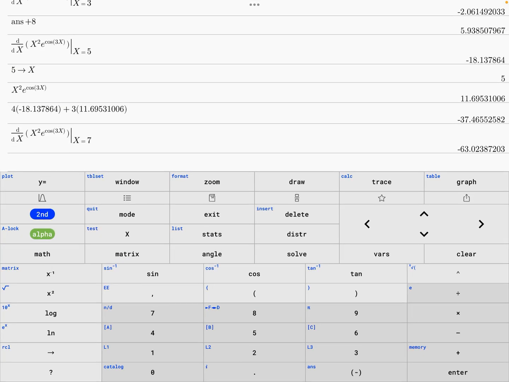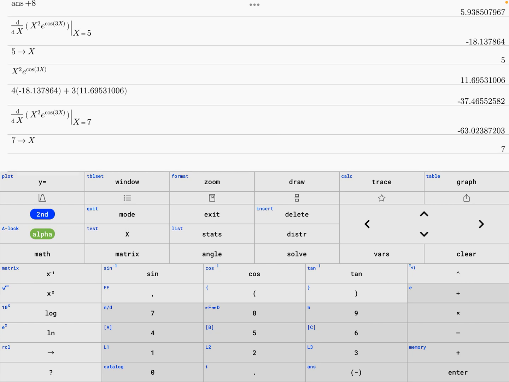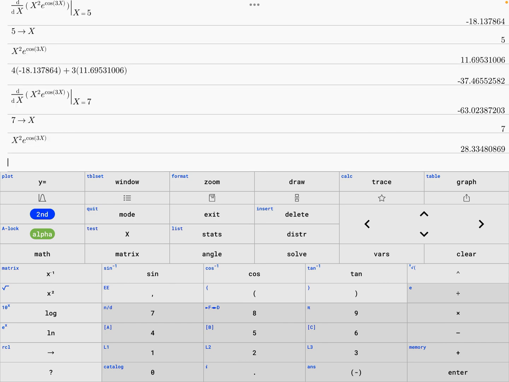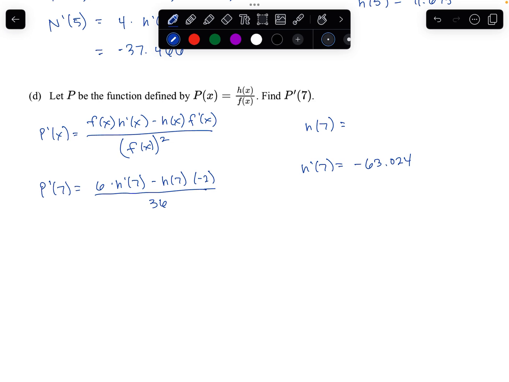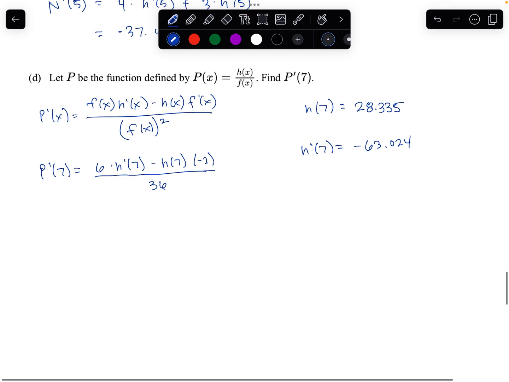I'm going to do 7 store as x, and click enter. And then I'm going to go back up here, copy down this expression and click enter, and then I get 28.335. And then yeah, I can just plug away.